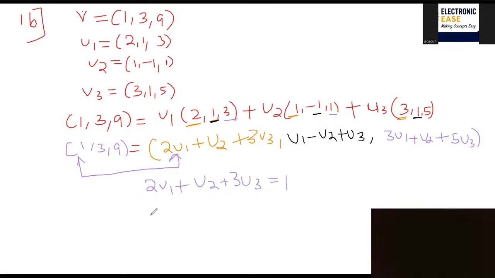Next, tell me what is the equation. Next equation is u1 minus u2 plus u3 is equal to 3. The next equation is 3u1 plus u2 plus 5u3 is equal to 9.